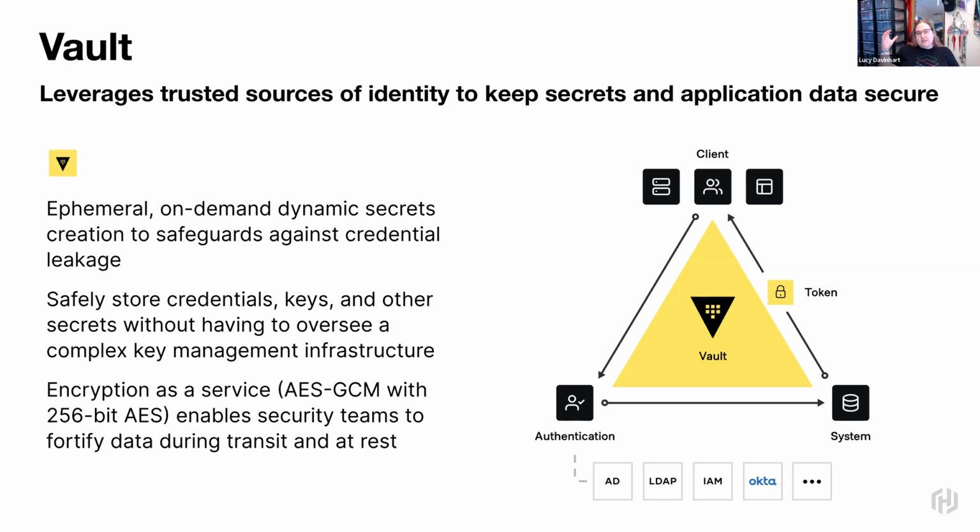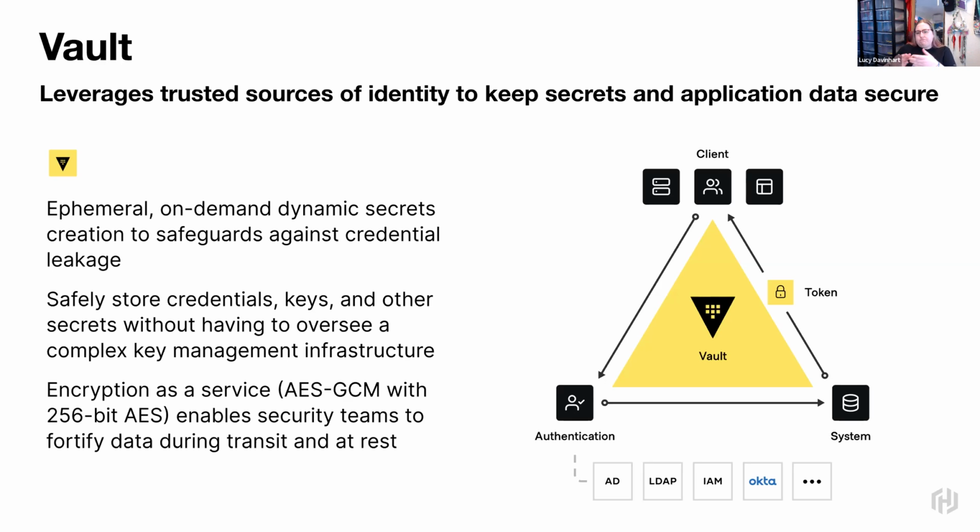And once these clients have been authenticated, once they've proven to Vault that they are who they claim to be, Vault maps that identity onto a set of policies that define which secrets can or cannot be accessed and under what circumstances. And with this approach, there are a couple of main use cases where Vault gets adopted.